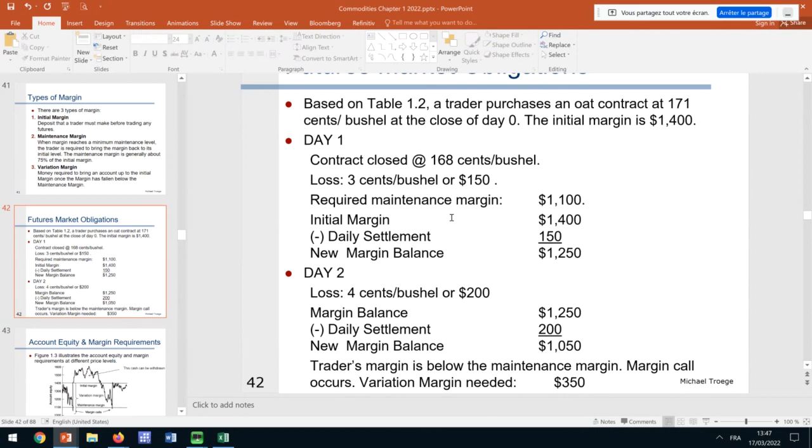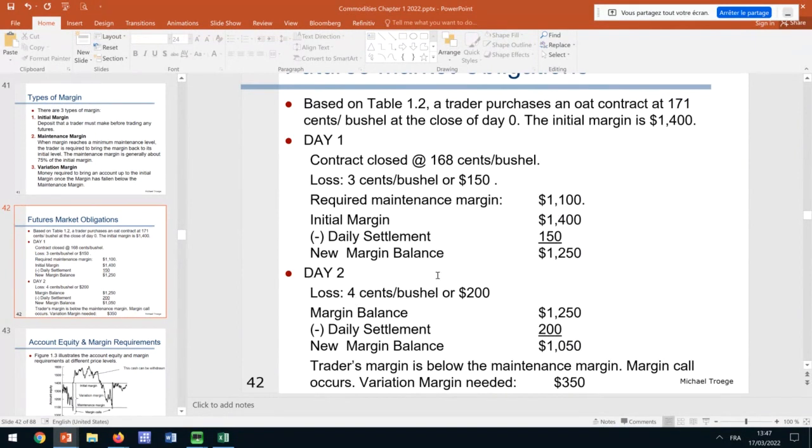That means that we are losing $150, and this money will be taken out of my margin. So the initial margin, remember, was 1,400. We're losing 150, so what is left now is the new margin, 1,250. Now the new margin is still higher than the maintenance margin, so we can just leave it there. We don't have to do anything.